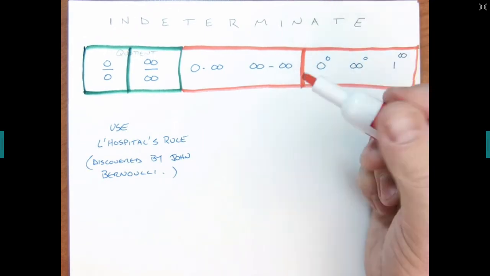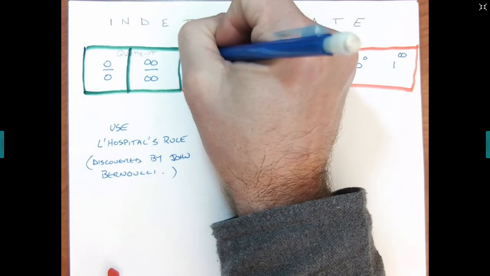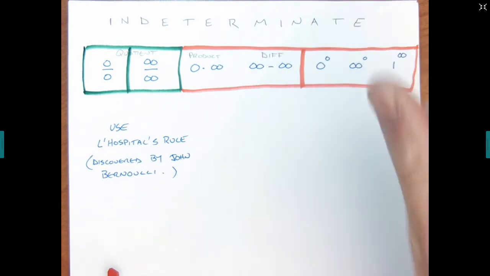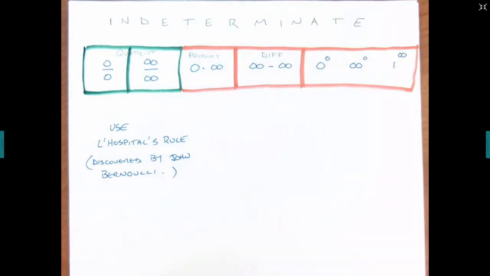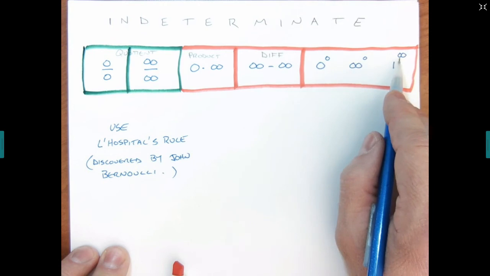Now, the first two that I talked about have the product, and here I have a difference, right? Product and a difference. Those are indeterminate forms that show up. Now over here I have exponents. You see the exponent. These are exponential statements here.